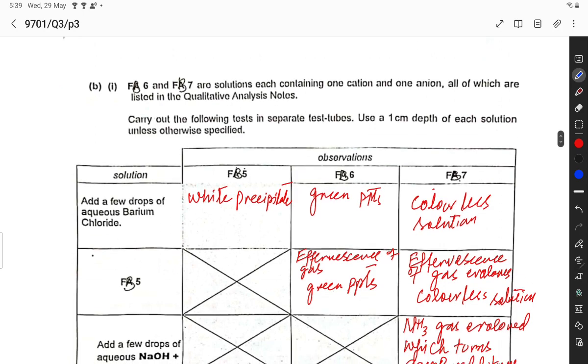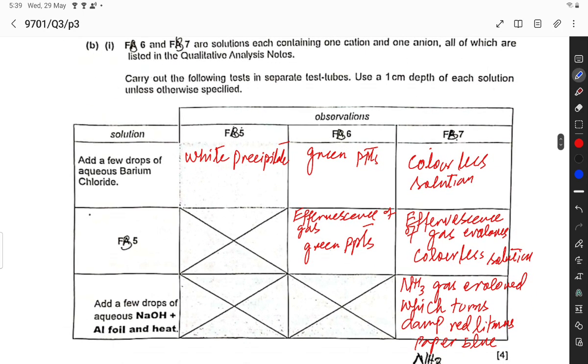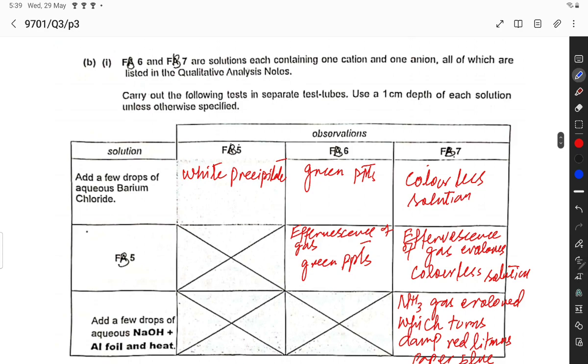Now question number 2, part 1. FB6 and FB7 are solutions, each containing one cation and one anion, all of which are listed in the qualitative analysis notes. Carry out the following tests in separate test tubes. Choose a 1 cm depth of each solution unless otherwise specified.